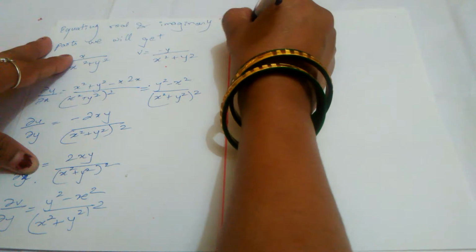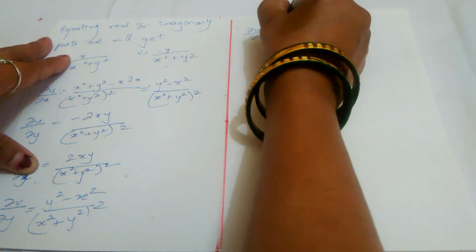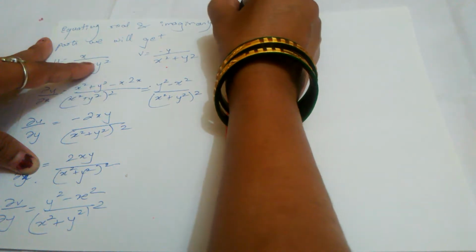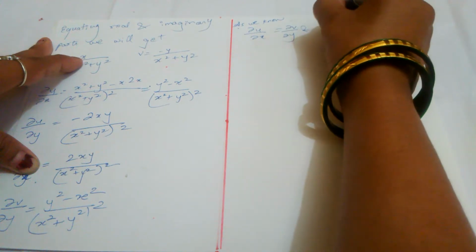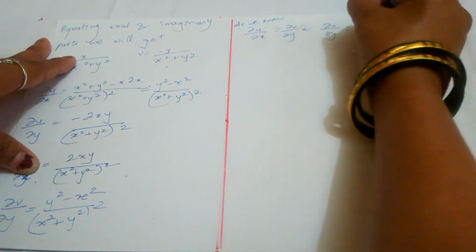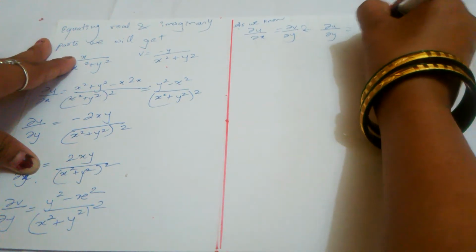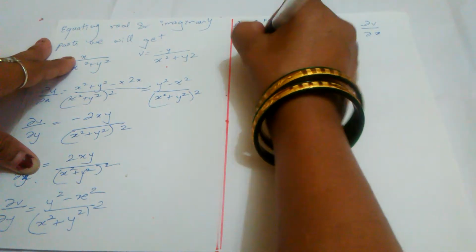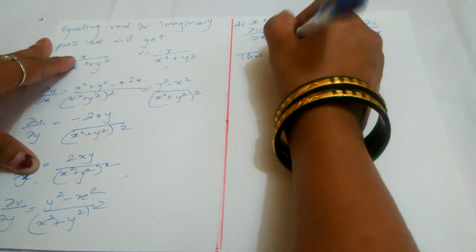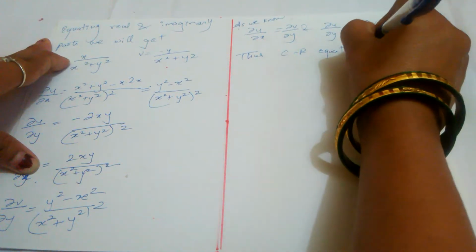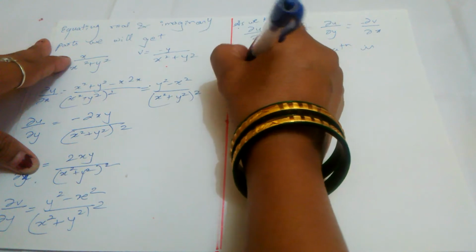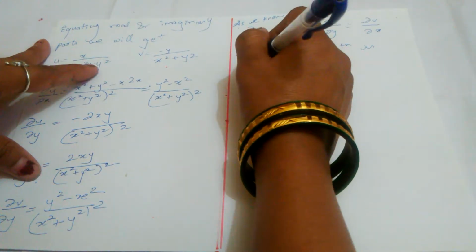Then, as we know, du/dx is equal to dv/dy, and du/dy is equal to minus dv/dx. Thus the Cauchy-Riemann equation is satisfied.